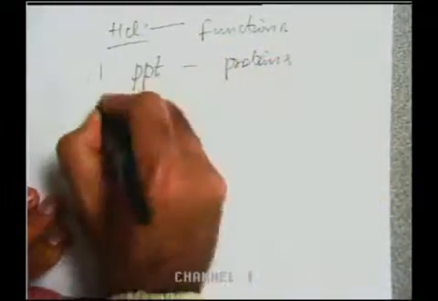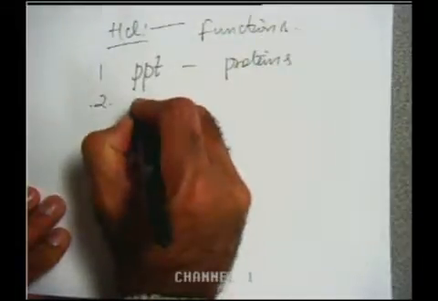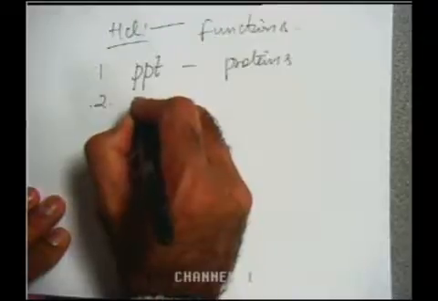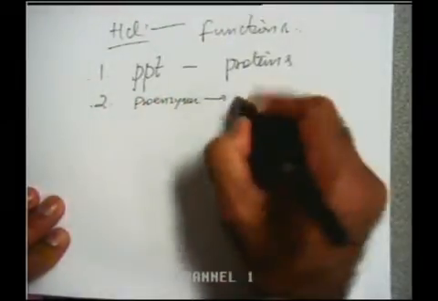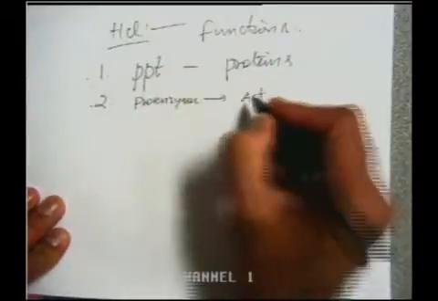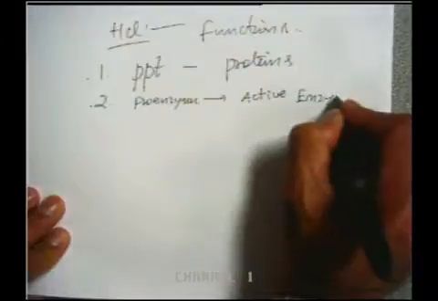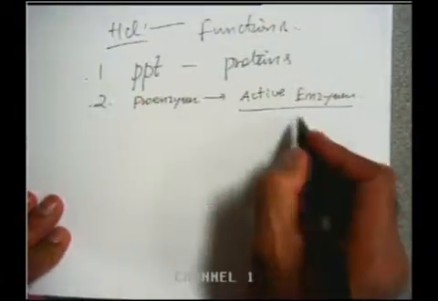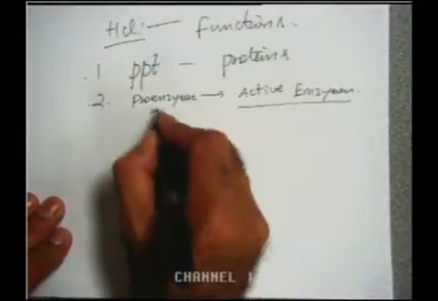Whatever protein you are eating, you are going to precipitate it out. Number 2, it converts proenzymes to active enzymes, from the inactive form to active: chymotrypsinogen to chymotrypsin, trypsinogen to trypsin.